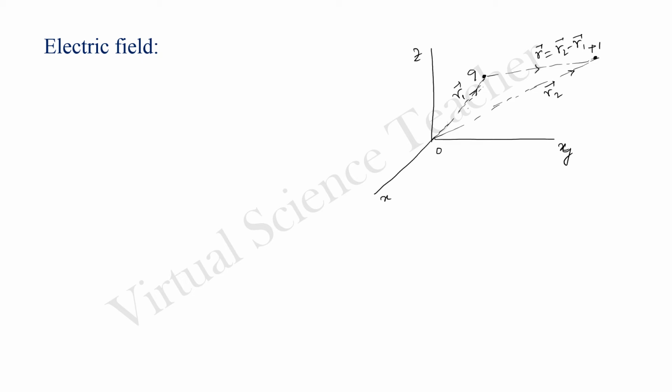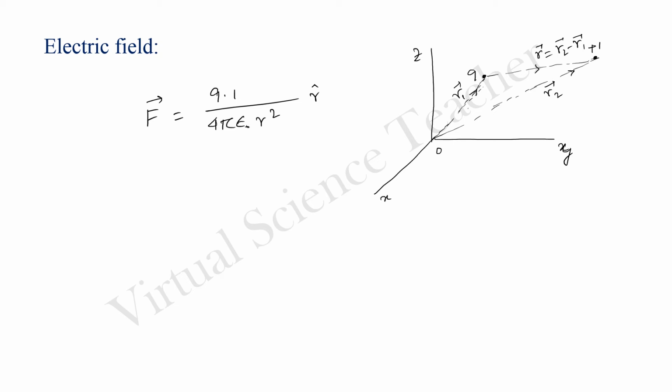Now coming back to the point. I have put here a unit positive charge and a test charge Q. So the force experienced due to this charge is F equals Q into, there is a unit positive charge, that means 1 over 4 pi epsilon naught r square into the r unit vector.